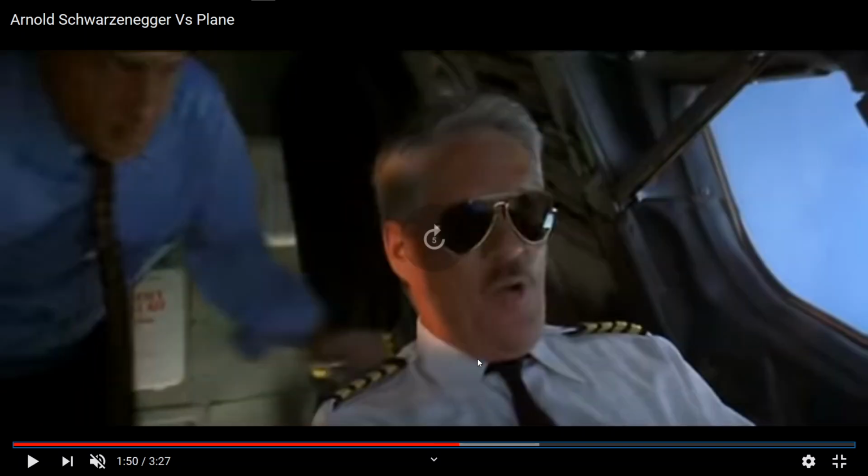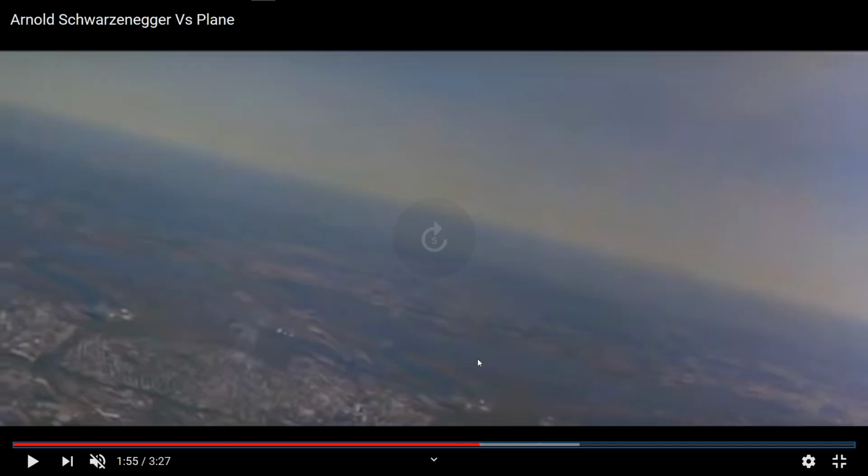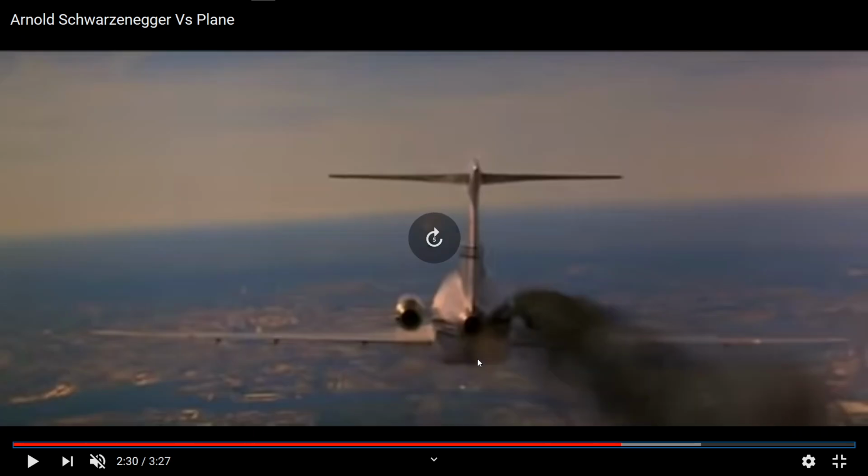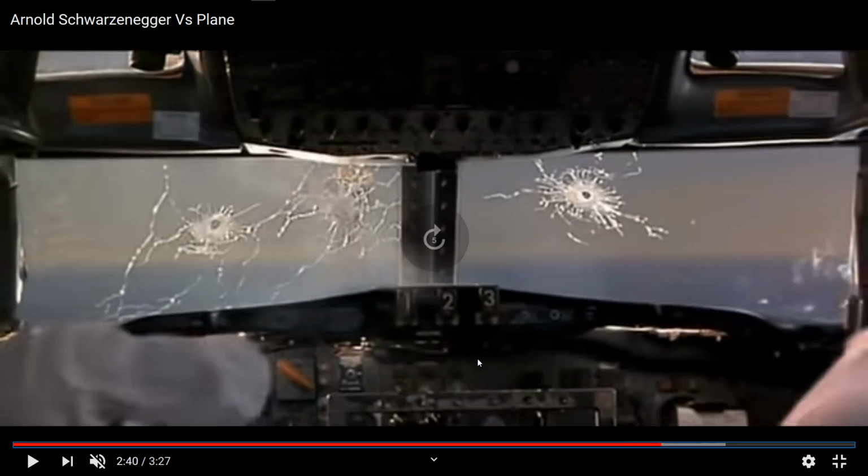But the bad guys up on the plane turn the plane around and come after him. The plane comes right after him and messes up his parachute. So he's all tangled up in his parachute, and he starts falling much faster.